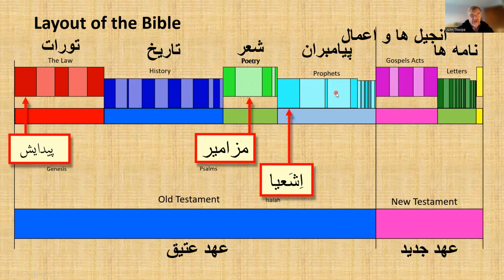But there's one little one in the middle of the four big ones, which is called Lamentations of Jeremiah.